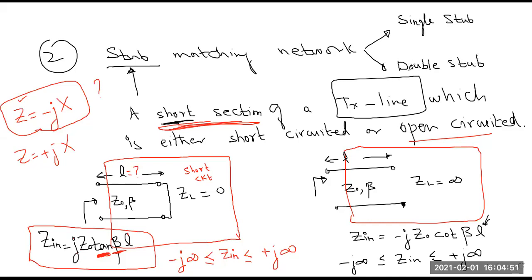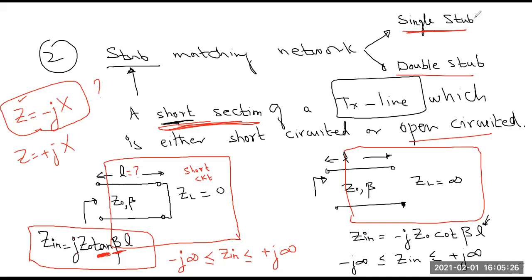It is obvious from the terminology that in single stub we will use one stub to match the circuit, and in double stub we will use two stubs to match our load. Why use two stubs rather than one? Single stub has some limitations, and that limitation can be compensated by double stub. But right now I'm not going to talk about it.